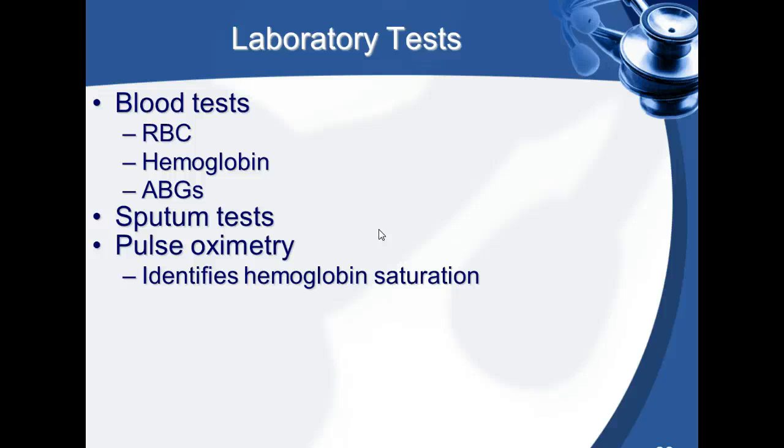A lot of times, if a person is being diagnosed for lung cancer, they might do a cytologic examination of an early morning sputum specimen, and it might identify some tumor cells. However, cancer cells may not be present in the sputum, but that is one way.